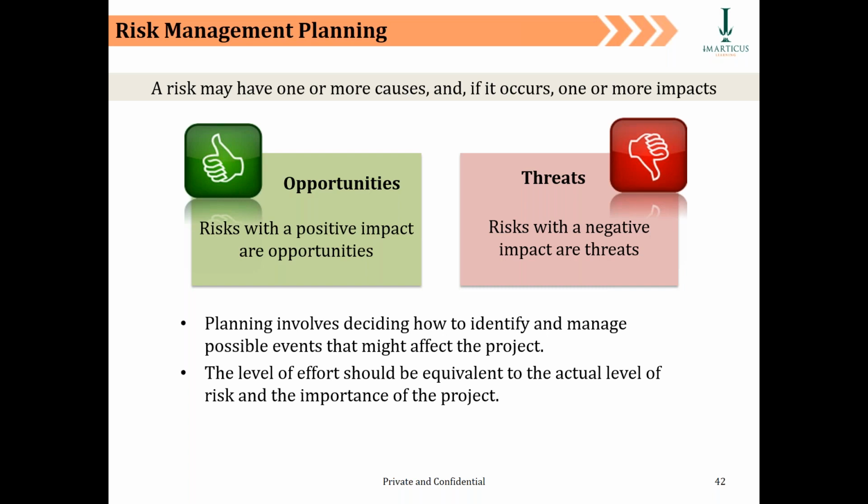There will be a larger discussion whenever you are with the stakeholders, because you need to explain your business principle this way. So obviously articulation will help a lot. But the fact is that the level of effort you have to put in here is equivalent to the actual level of risk and importance of the project.